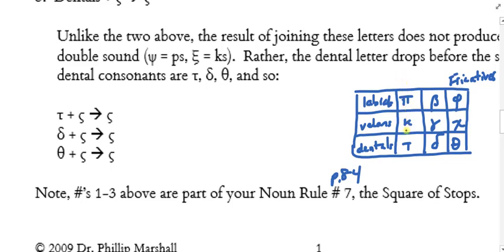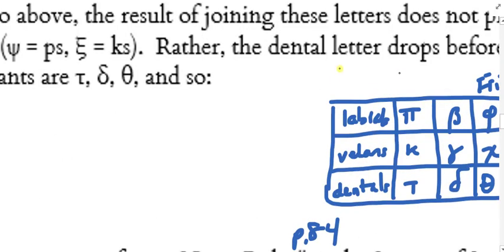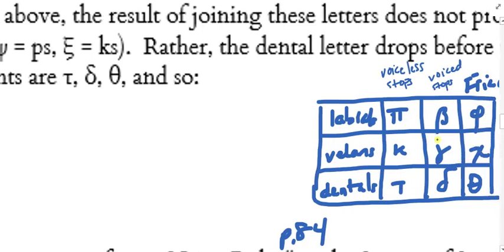The pi, kappa, tau, I will call these voiceless stops. Okay. And beta, gamma, delta, these are voiced stops. Okay. The fricatives, they're all unvoiced, right?